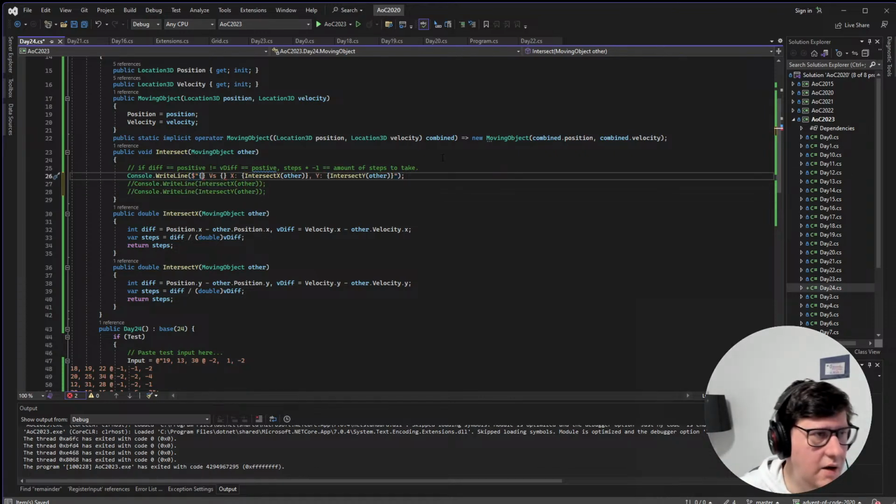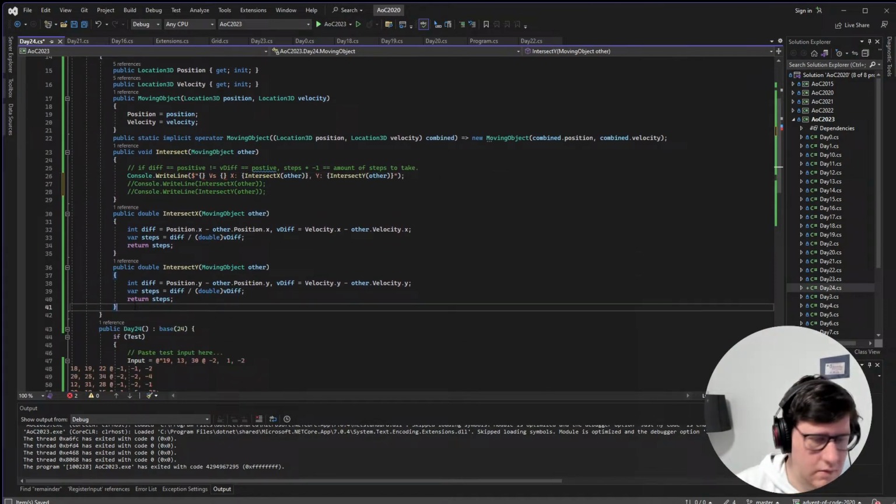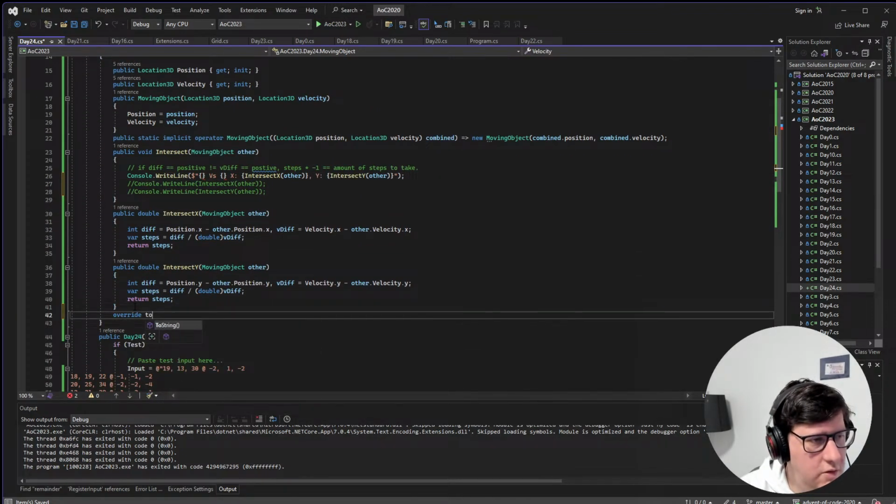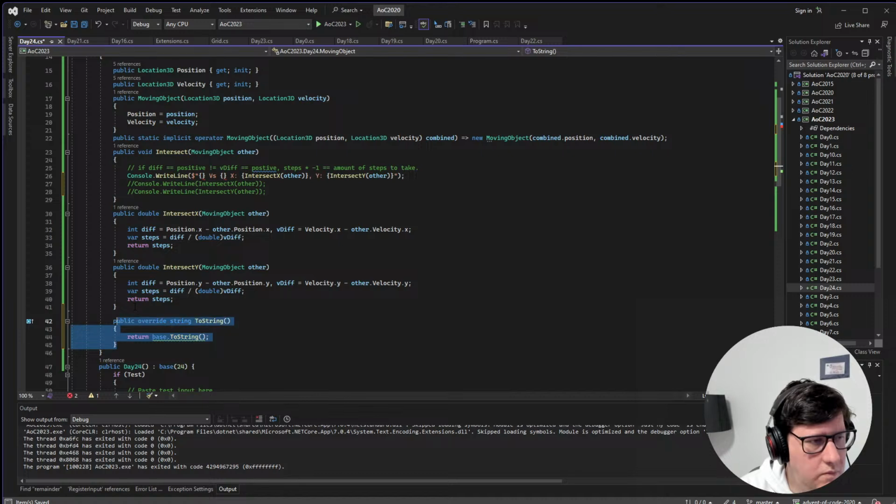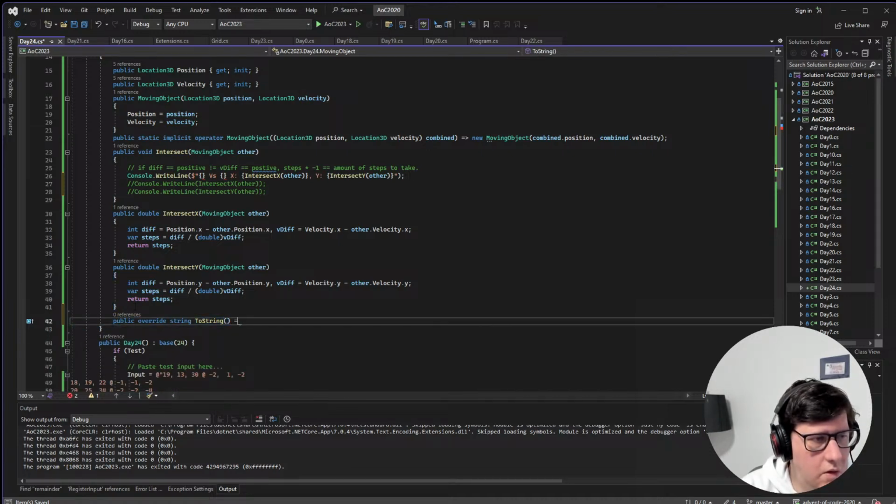So this one I need to have a toString override. For now we will just print the position toString.